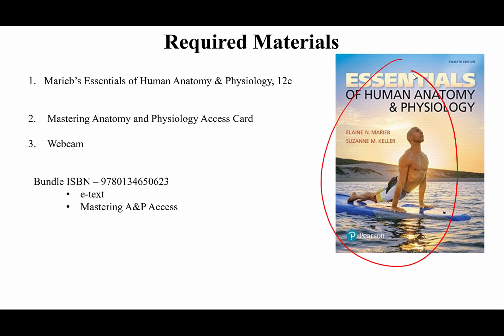You can pretty much get all of the information that you need from my lecture. However, if you need something to read or something for hands-on purposes, then you can get a textbook. It doesn't have to be the exact one, but mastering anatomy and physiology access card is a thing that you need, and make sure that you have it for the correct version.